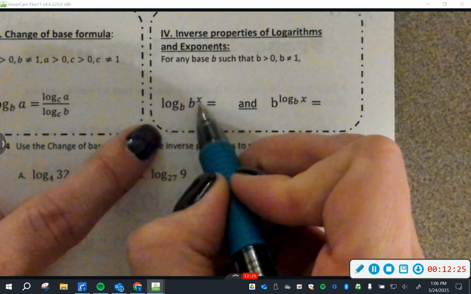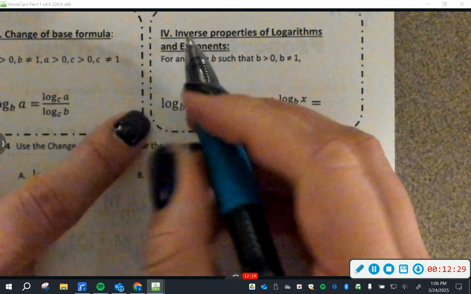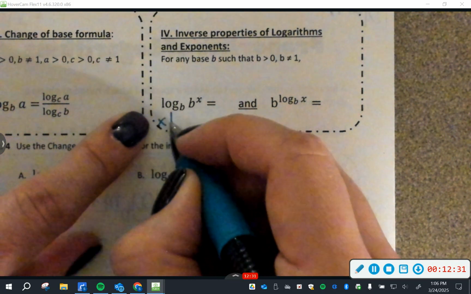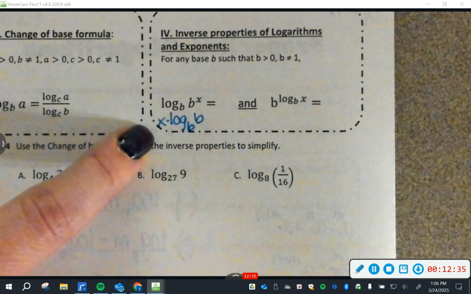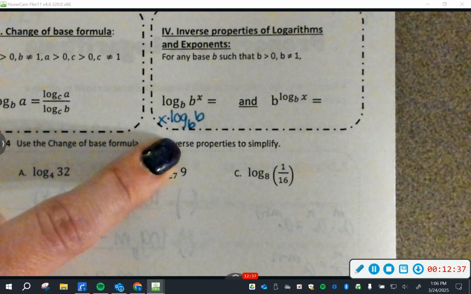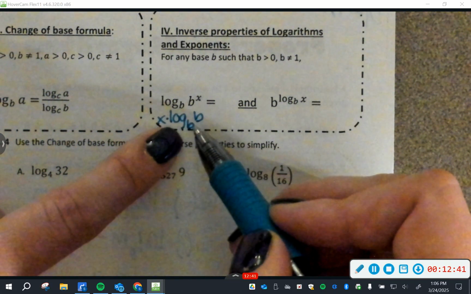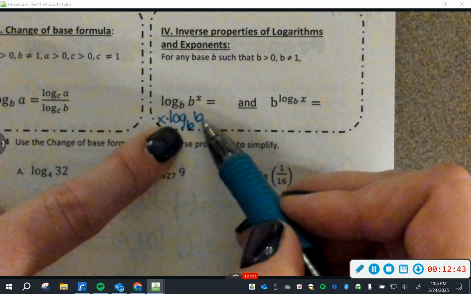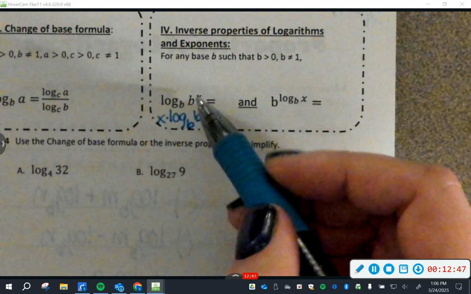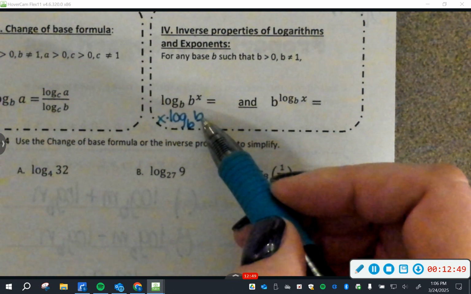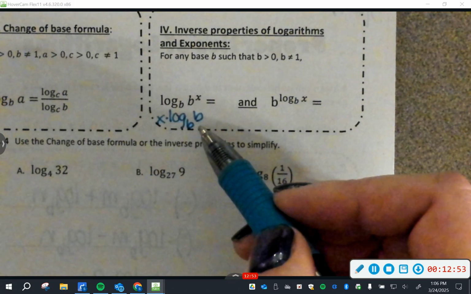Well, if you think for a second, if you take x out of the exponent and plop it in front, it looks like x times log base b of b. But no matter what b is, log base b of b, what will that always equal? What's the exponent? b to what power gives you b? What would be the exponent there?